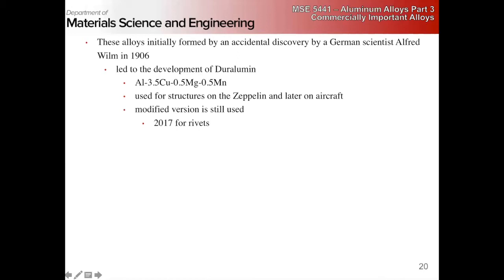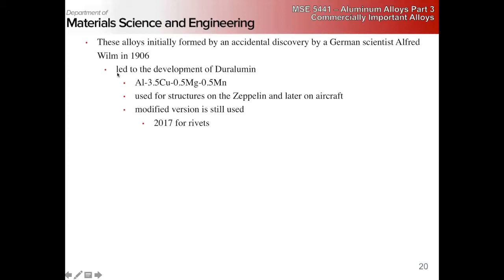The general rest of the group of 2000 series alloys were discovered, at least the basis of them, in the early 1900s by German scientist Alfred Wilm, right?